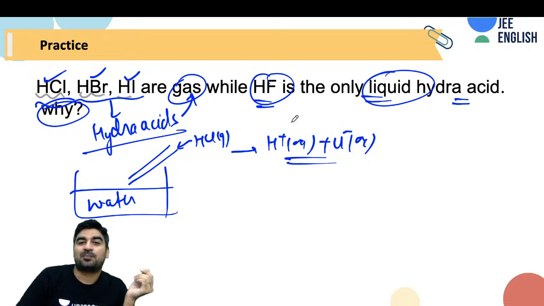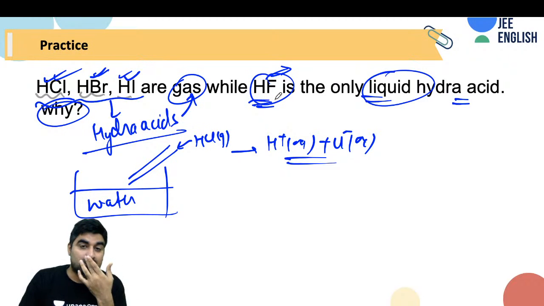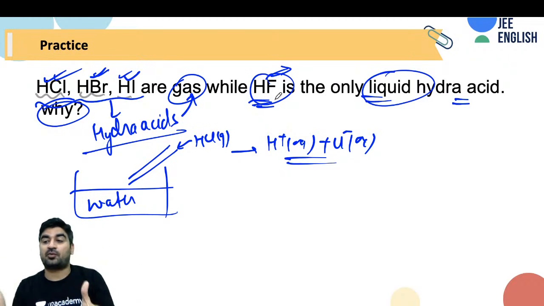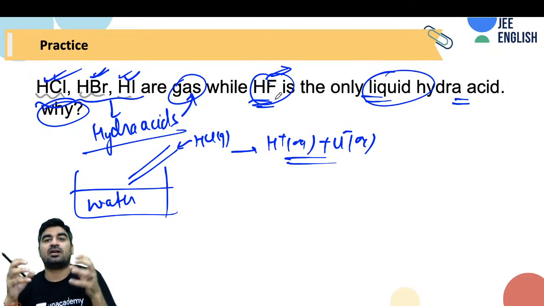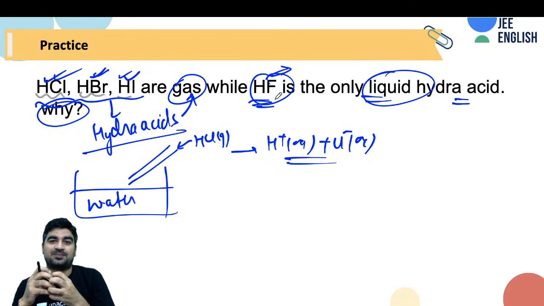Again, I will tell you. HCl, HBr and HI are gases, but HF is liquid. Why is something a liquid? Because the particles of a liquid have higher attraction, and due to higher attraction, they are close to each other. That means there must be some kind of forces.